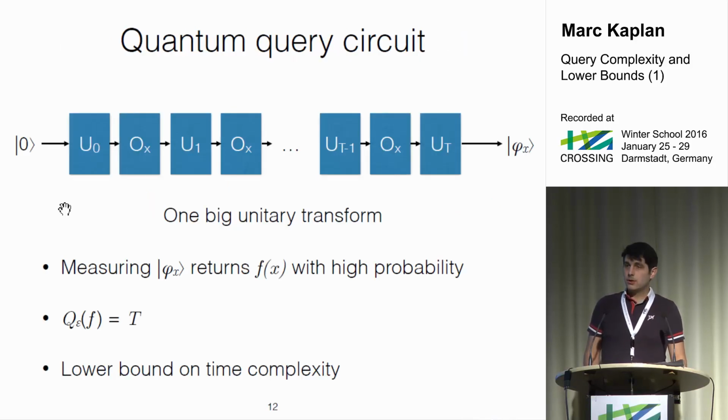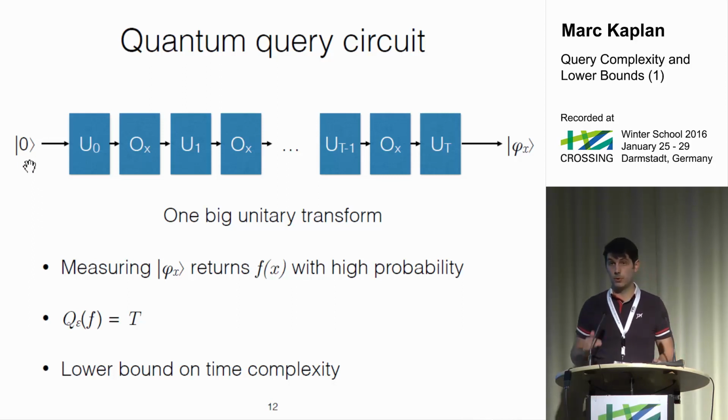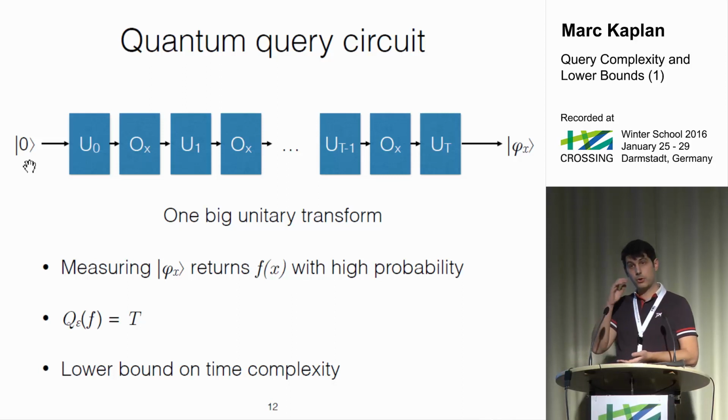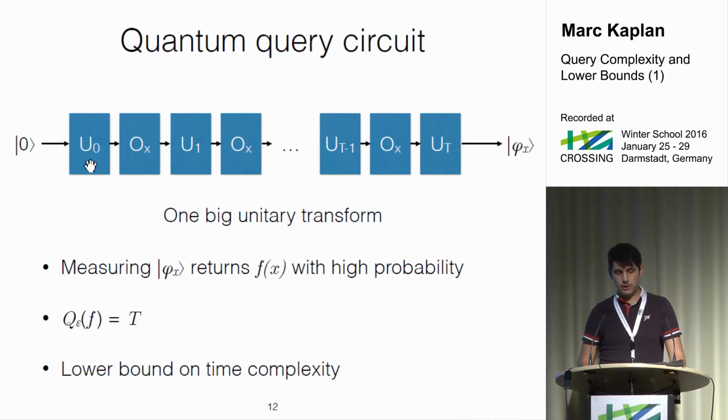Okay, so without loss of generality, the kind of circuits that we will consider have the following shape. We will start every time with the input 0. The circuit works on the 0 state, and it will alternate. On 0, it will first apply some unitary, and then make a query, O_x.